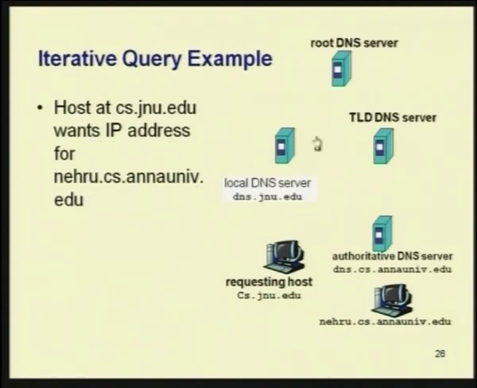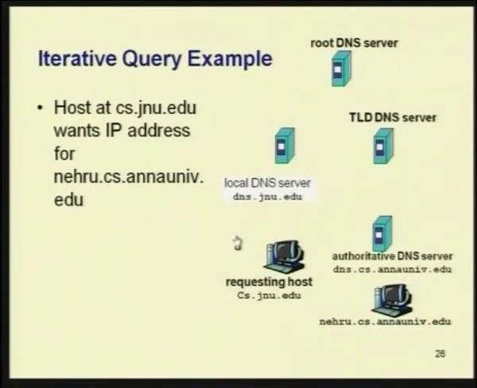This is the requesting host, cs.jnu.edu, which will contact the local DNS server, dns.jnu.edu. The other name servers in the picture are the root DNS server, the top level domain DNS server, and the authoritative DNS server for cs.ninu.edu.